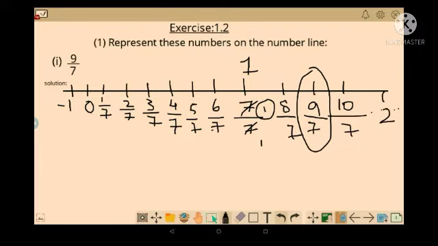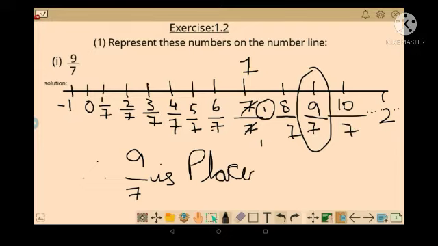Okay, so like this only, dividing till the number which we need to write, and we need to write here that 9 by 7 is placed between 1 and 2. Or 1 to 2 also you can write. Okay, so this sum is completed.